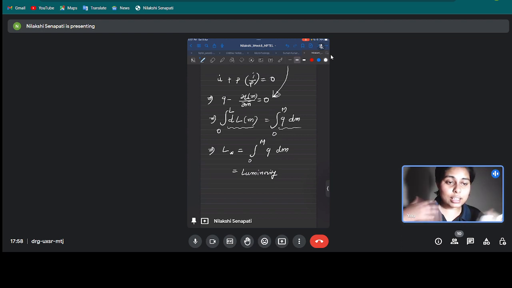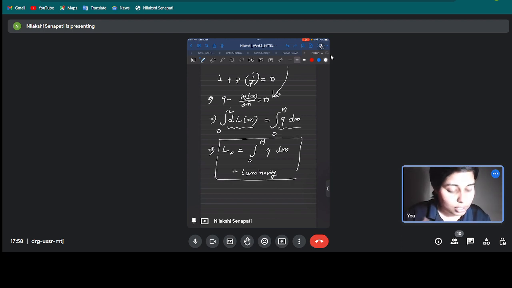So I think this equation is very important, and you can now feel what role nuclear energy is playing, and why we are worrying about nuclear astrophysics in stellar evolution and in stellar astrophysics. I hope I am able to make you understand that. I hope this is clear that Q is the energy released per unit mass due to the nuclear reaction, and that is what gives us the luminosity.